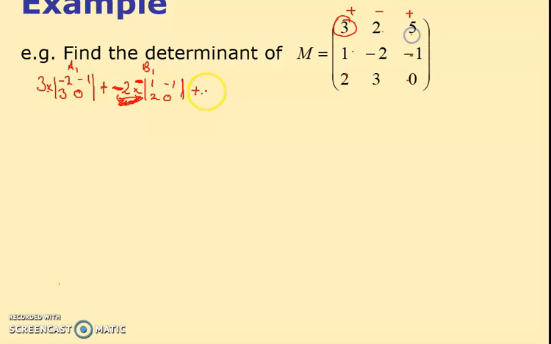Plus, what's my last number? It's 5 times by, I reckon it's 1 minus 2, 2, 3.